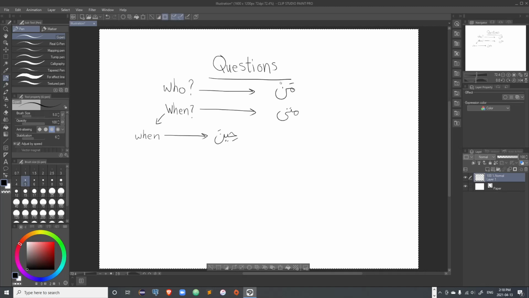And as you can see, this is a ya vowel, so I will not add the sukun. That way you can acclimatize to the absence of a diacritic on vowels. And normally, if you are reading a book and a letter does not have a diacritic, whether it is a vowel or a consonant, it automatically means sukun. So this is used when when is used in a statement instead of an inquisition.